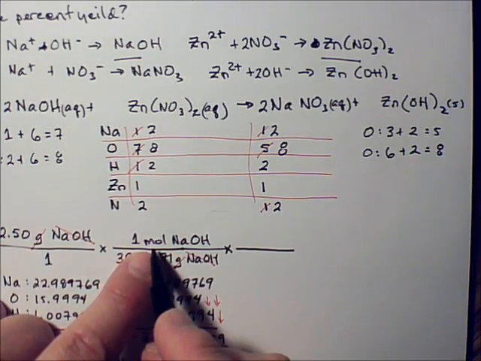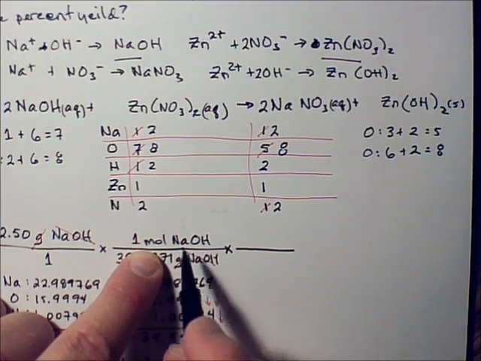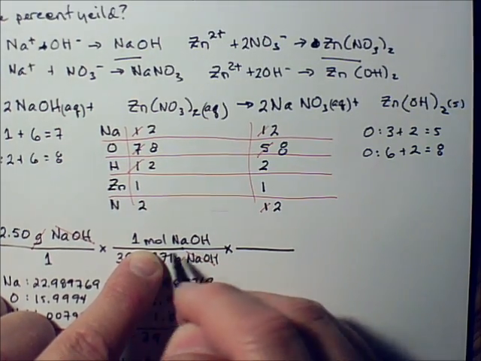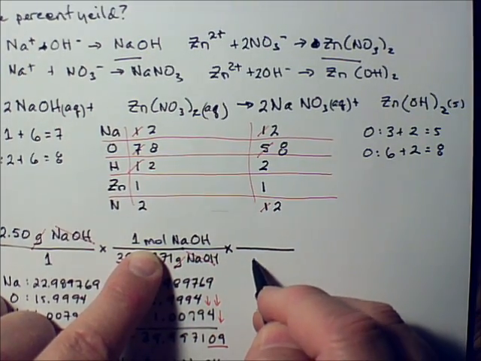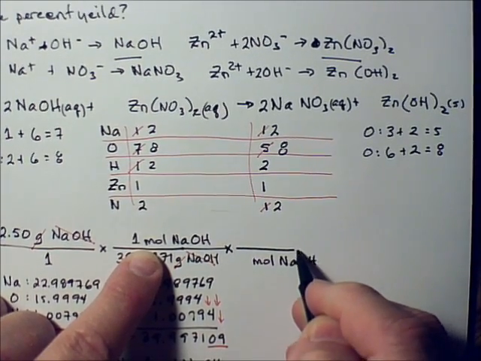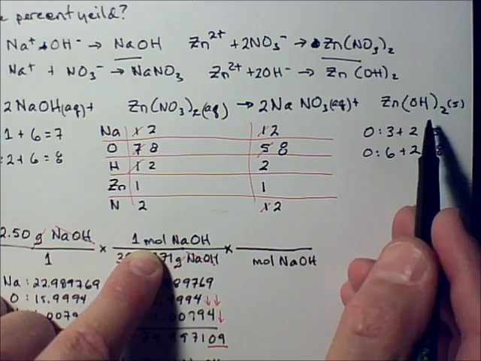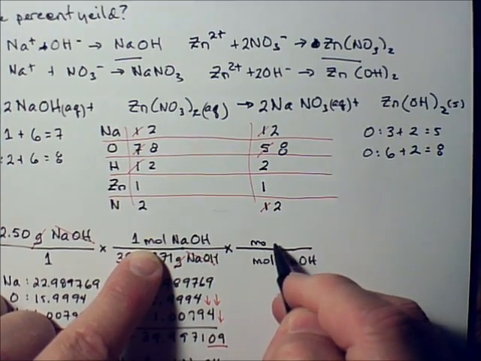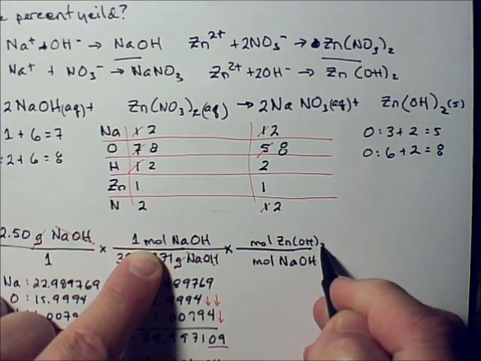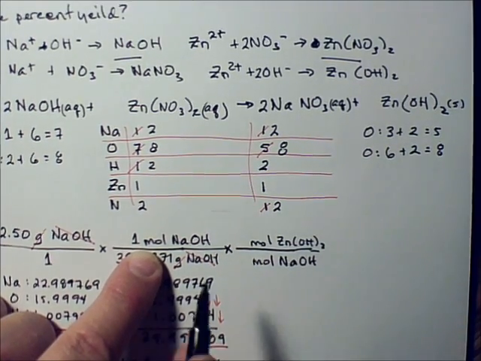Well, I always match units and species on the bottom with what's on the top in the previous step. So I've got moles of sodium hydroxide on the bottom. And since I'm trying to get to zinc hydroxide, I'm going to put moles of zinc hydroxide on the top up here. Okay?